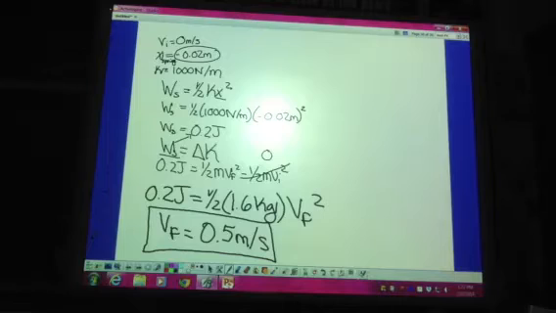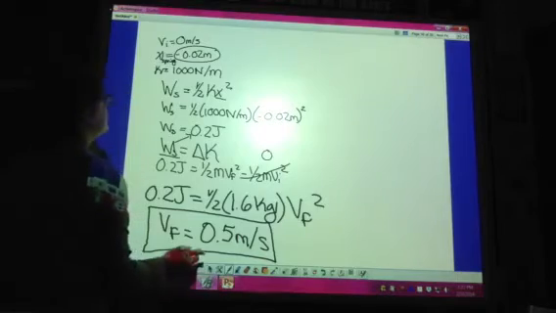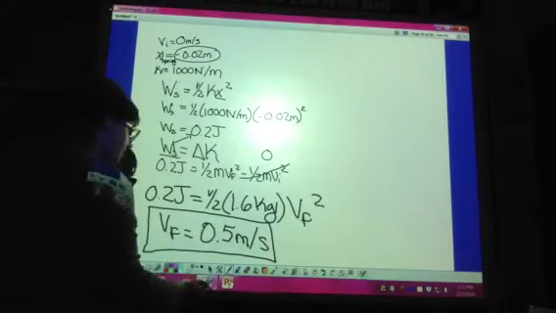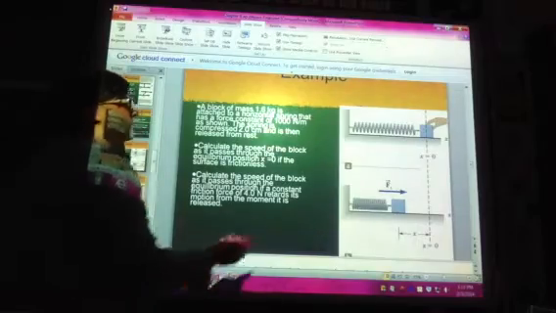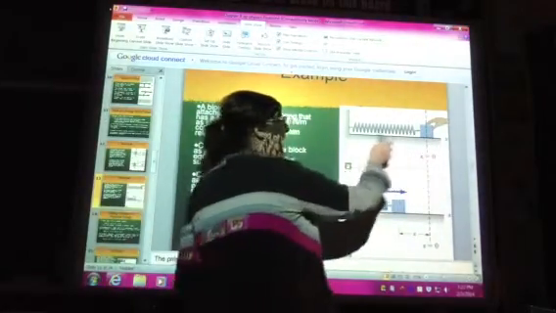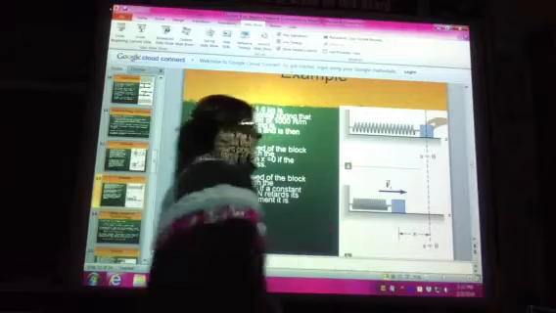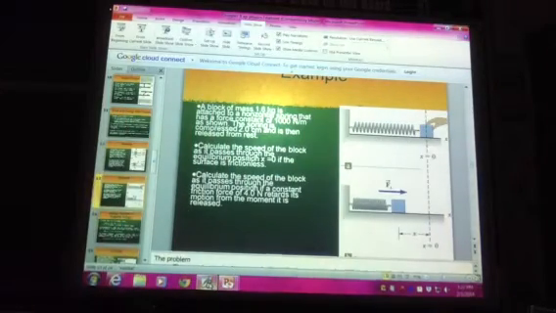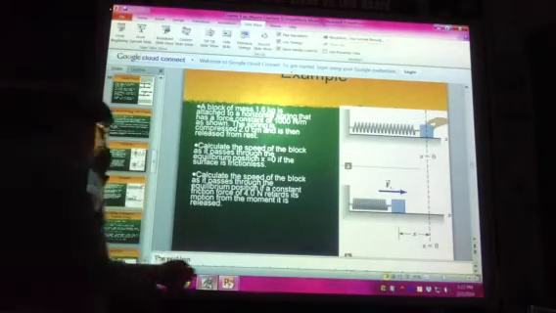So this problem we can just think about using our work-kinetic energy theorem. We didn't have to think about gravitational potential energy here, solely because I'm not changing in height, not changing in the y direction, so delta U_G is out.